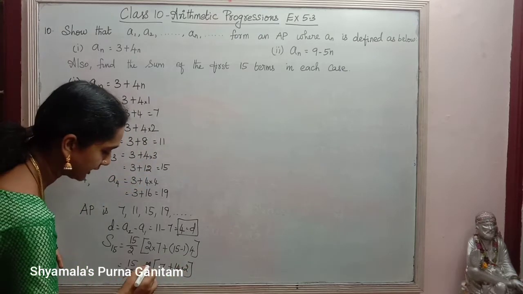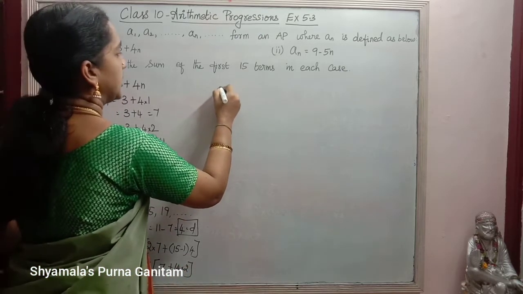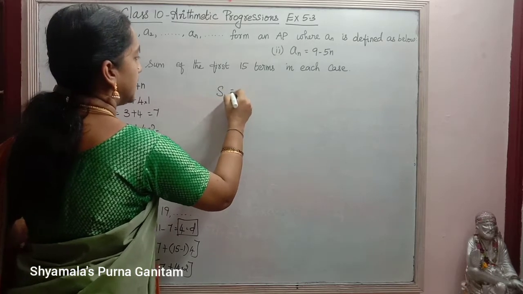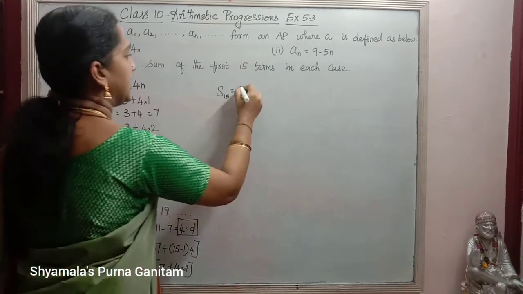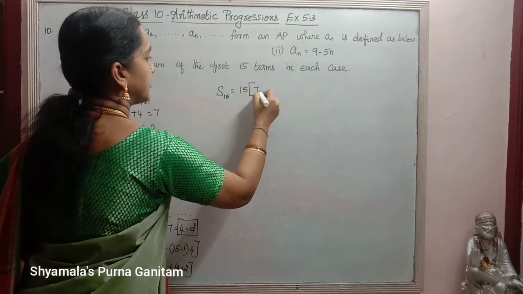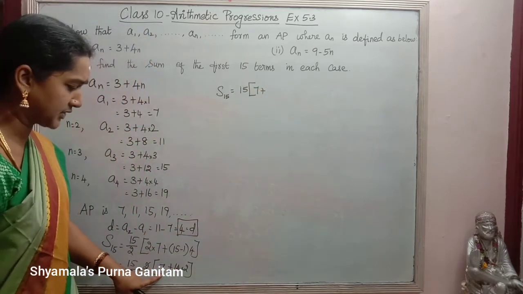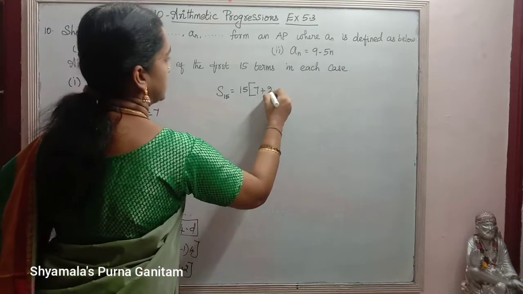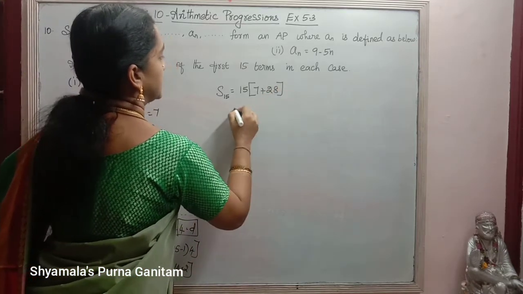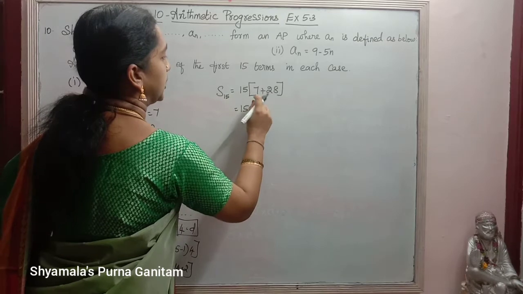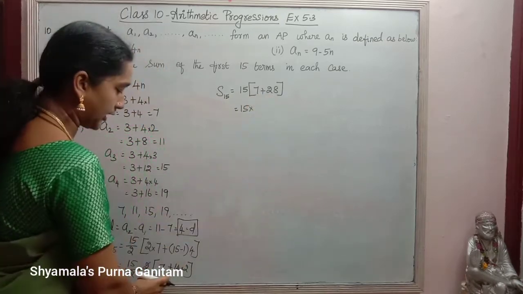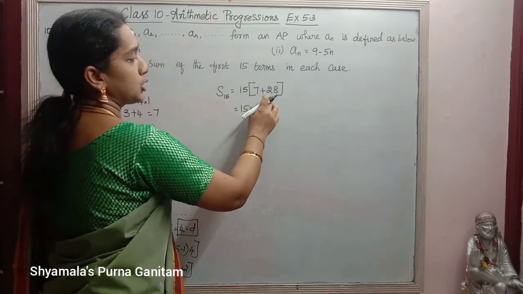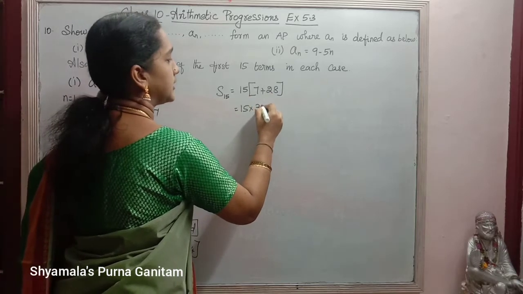Okay, so here we can cancel this 2. So, S15 is equal to 15 into 7 plus 14 into 2 is 28. So, 28 plus 7 is 35.